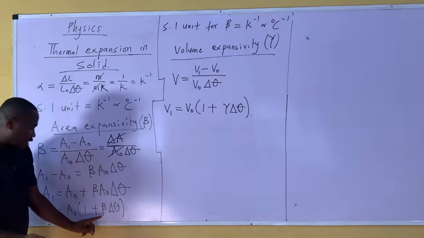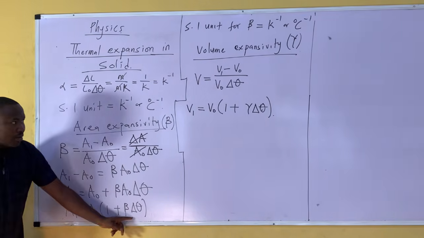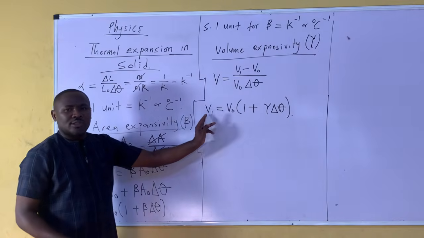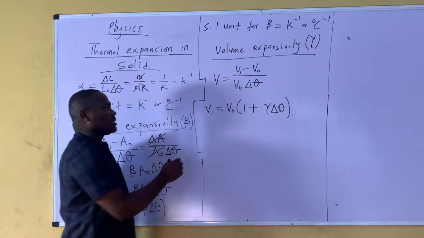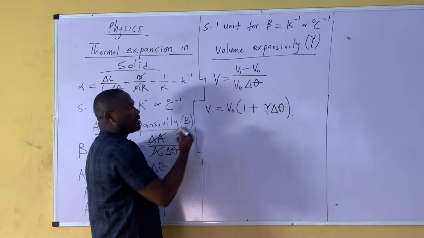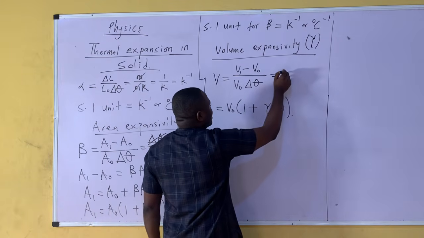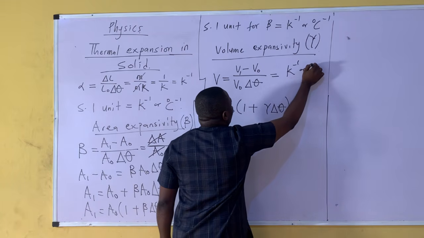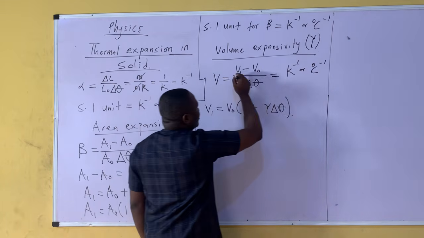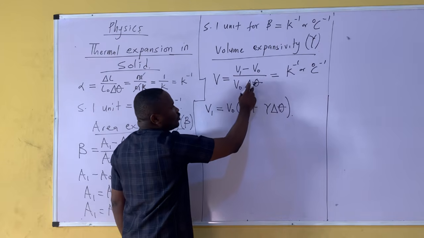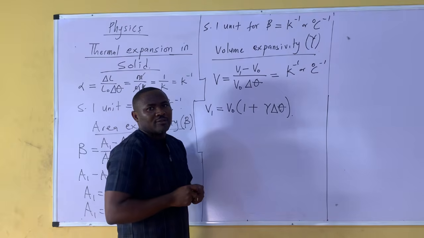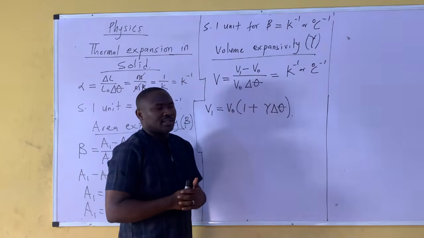Look at it, it looks like this, but now we are not putting A, we are putting V. So this is now the new volume. Remember, the SI unit here is per Kelvin or per degree Celsius. Why? Because volume cancels out volume, and I'm now left with 1 over temperature. That's per Kelvin or per degree Celsius.